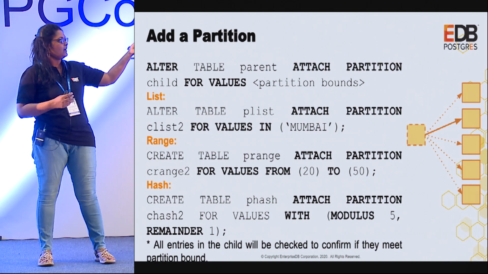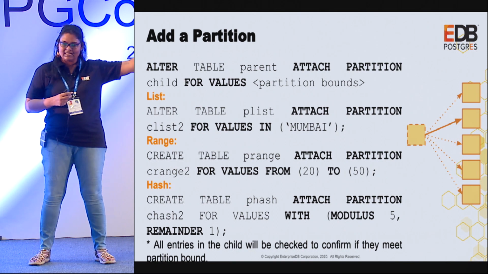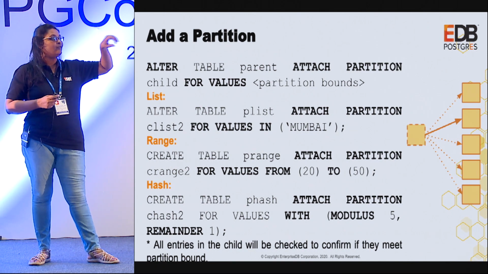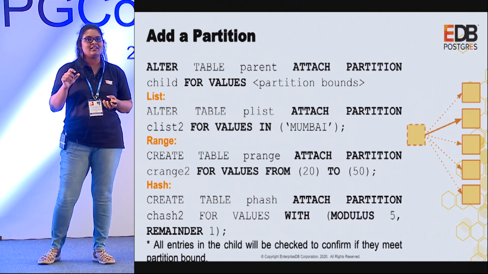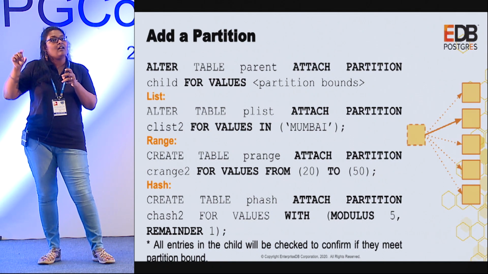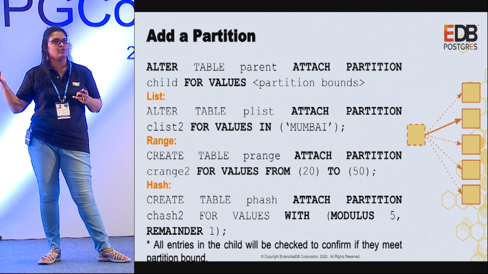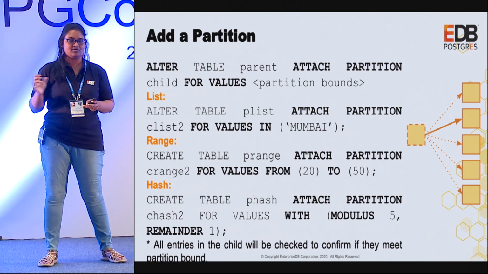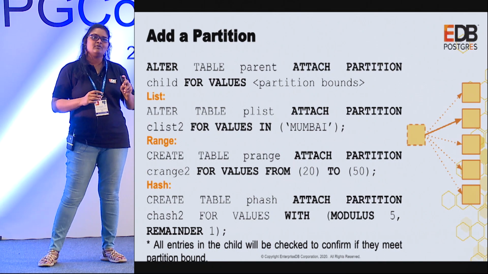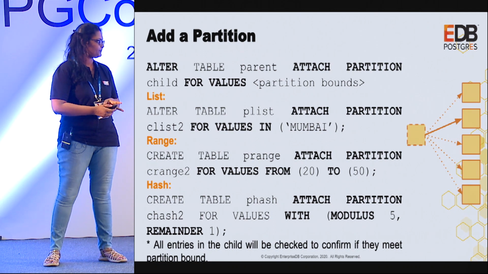For example, I have attached a new table, to plist I've added clist2 with the value Mumbai. It is going to check all the entries to see whether they all have only Mumbai. Suppose you accidentally had a row which had Delhi, then it would not attach to the partition, and it would throw an error. So the amount of time this command takes will depend on the number of entries in that particular table.